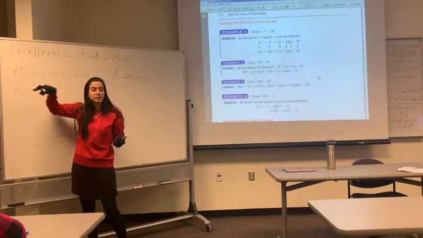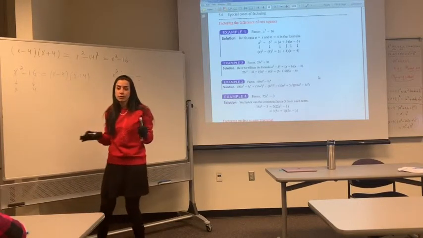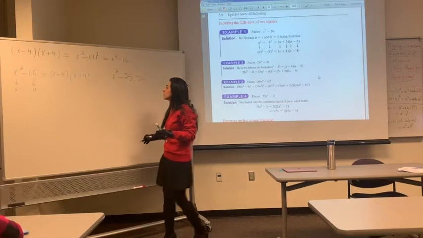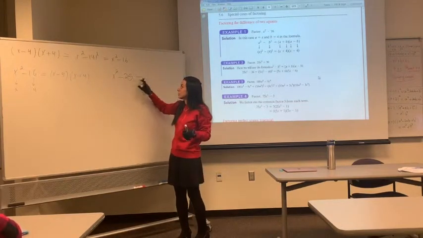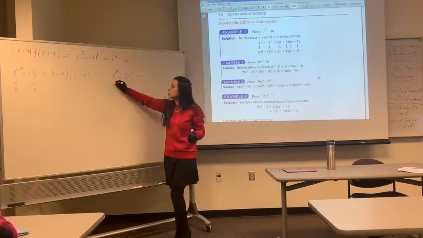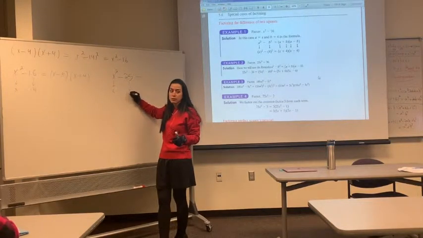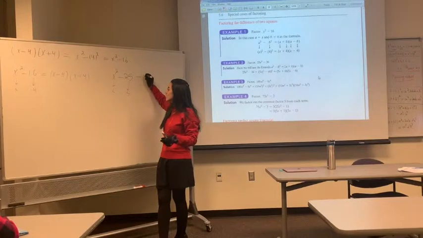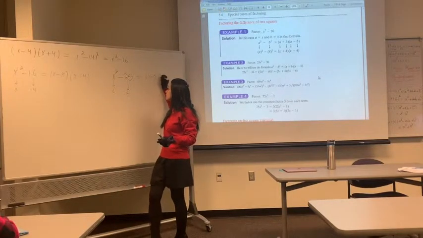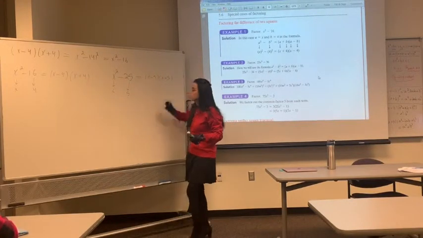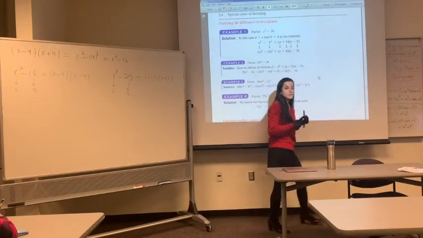If you had a positive sign between these two, you couldn't do that. So if you have x squared minus 25, this was x multiply x, this one is 5 multiply 5. One time you subtract them, the other time you add them. Correct?